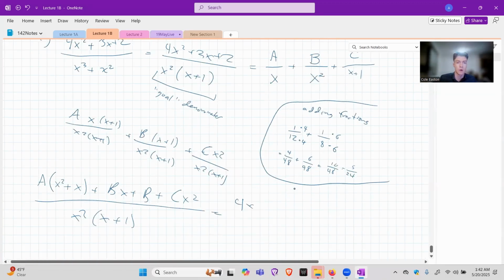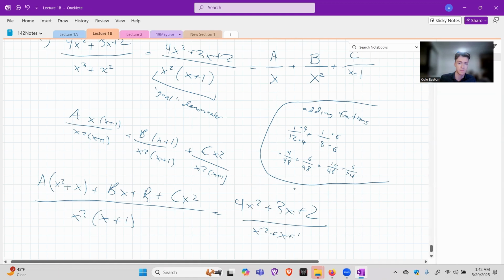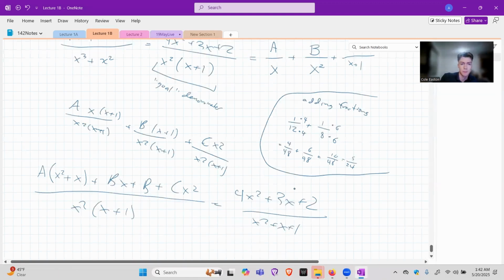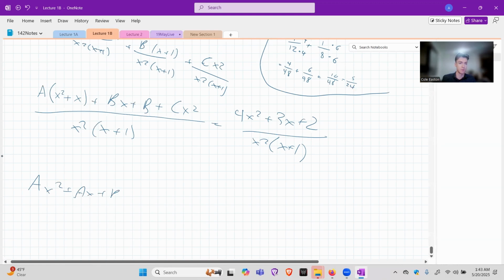So that equals 4x squared plus 3x plus 2 over x squared times x plus 1. Notice that we have the same denominators. So if these things are equal, their numerators must be equal too. So I'm just going to finish expanding my numerator on the left. So I have ax squared plus ax plus bx plus b plus cx squared equals 4x squared plus 3x plus 2.